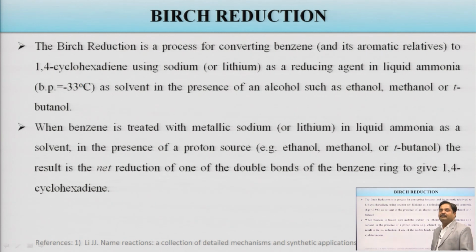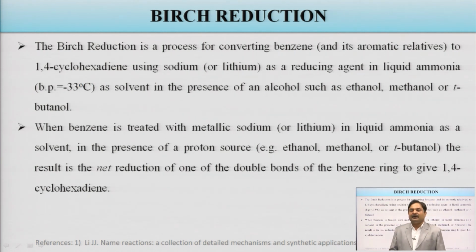Liquid ammonia has a very low boiling point, that is -33 degrees centigrade, as solvent in the presence of an alcohol such as ethanol, methanol or butanol. When benzene is treated with metallic sodium or lithium or sometimes potassium in liquid ammonia as a solvent in the presence of a proton source, for example ethanol, methanol or tertiary butanol, the result is net reduction of one of the double bonds of the benzene ring to give 1,4-cyclohexadiene.